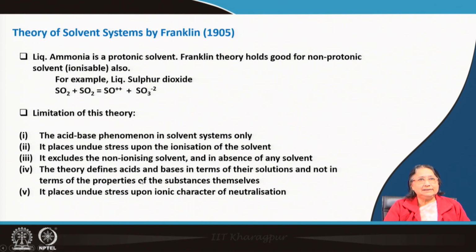The theory defines acids and bases in terms of their solutions and not in terms of the properties of the substance themselves, and it places undue stress upon the ionic character of neutralization also.